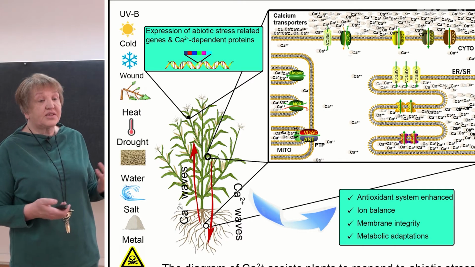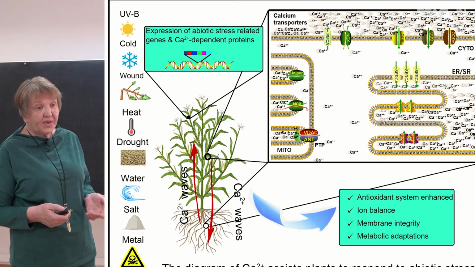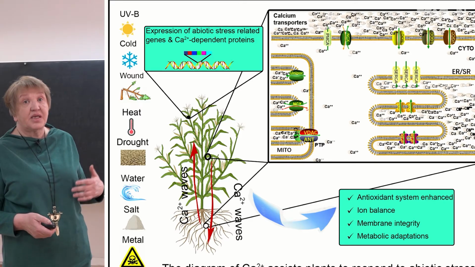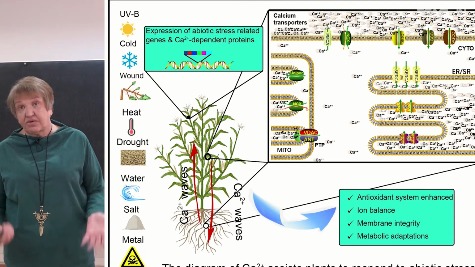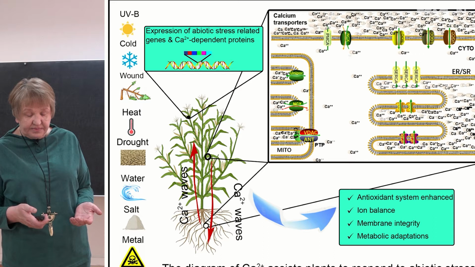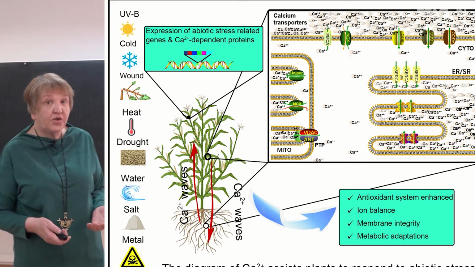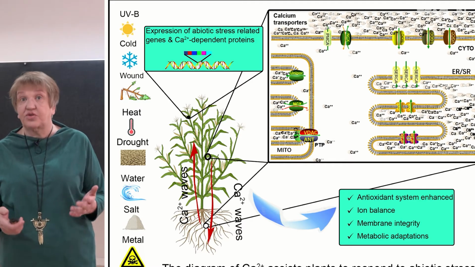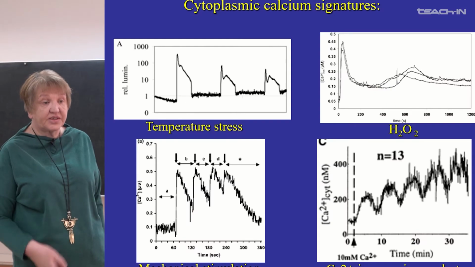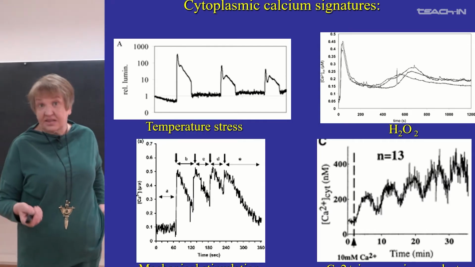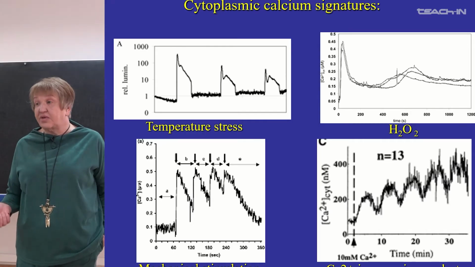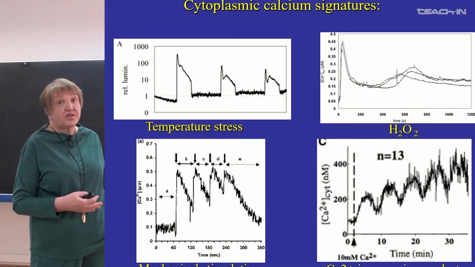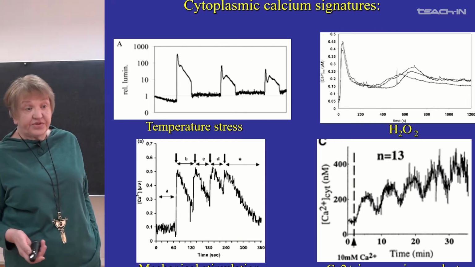All these stimuli cause an increase in cytoplasmic calcium and consequently an increase in stress-related genes. However, you are well aware that plants respond differently to different stresses. So how come one signal, one ion, a change in concentration of one ion, signals all these different stresses?